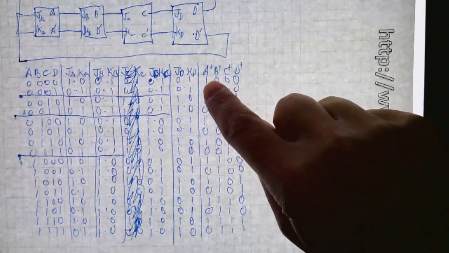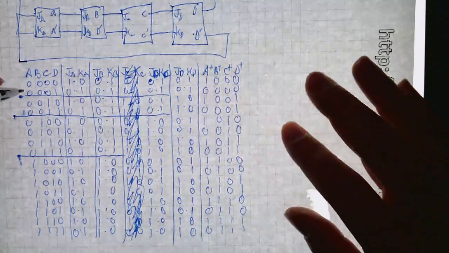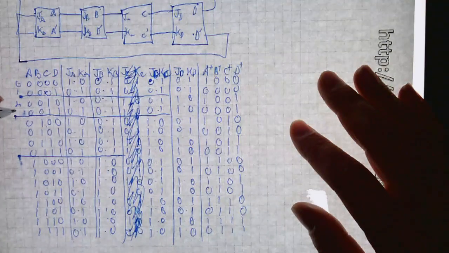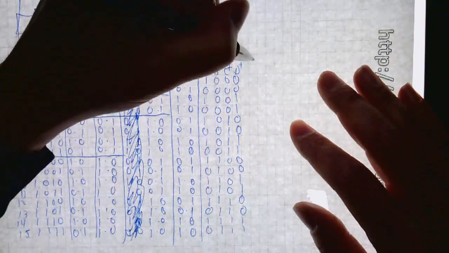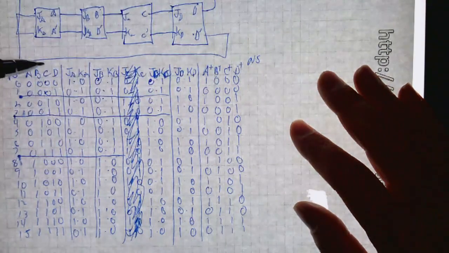Well, here it says, this is going to be 0, 1, 2, 3, 4, 5, 6, 7, 8, 9, 10, 11, 12, 13, 14, 15. That's the present state. Now let's do the next state encoded in decimal.